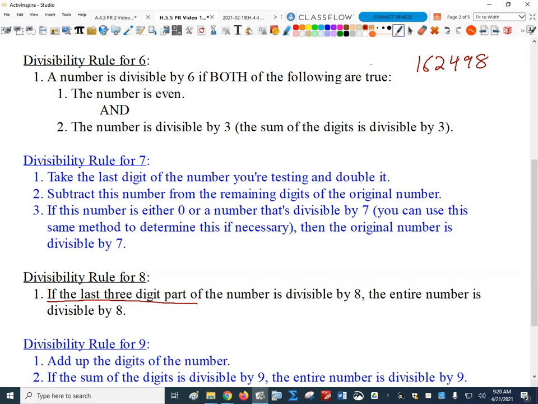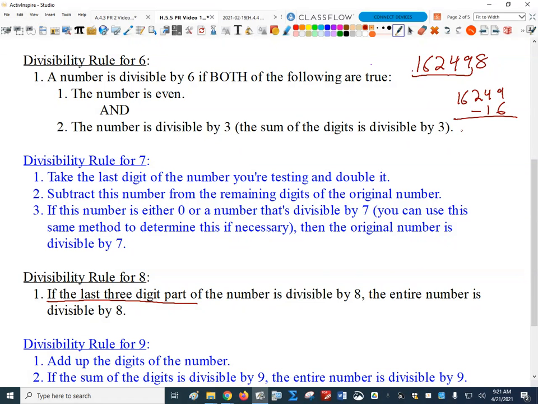So 8 times 2 is 16, right? And then I subtract that from the number created by the remaining digits. So the first step here would be 16249 minus 16.